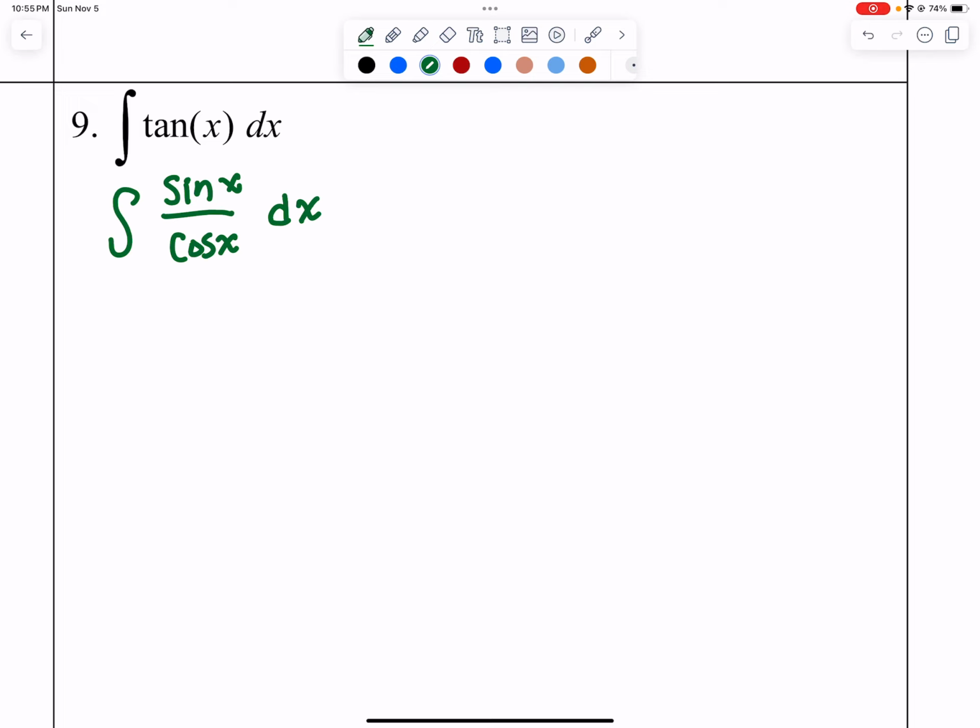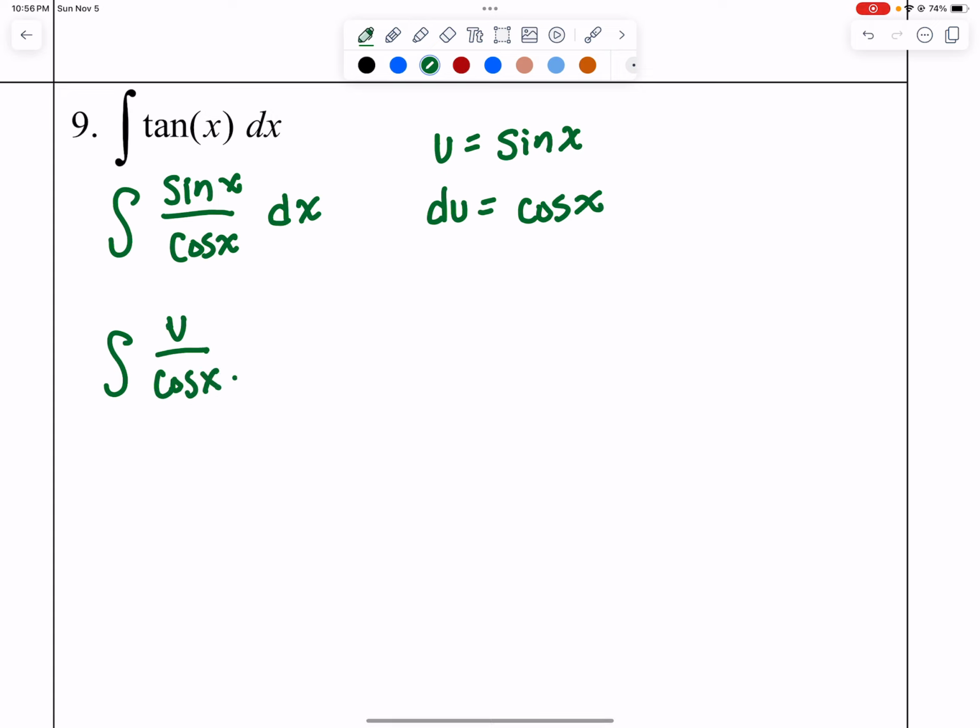So here, if I let u be sine of x and du be cosine of x, then I have u over cosine of x times cosine of x du, which means that I have u over cosine squared of x.